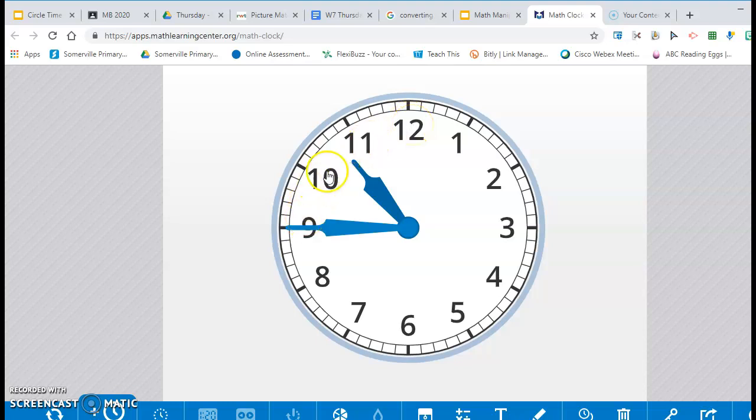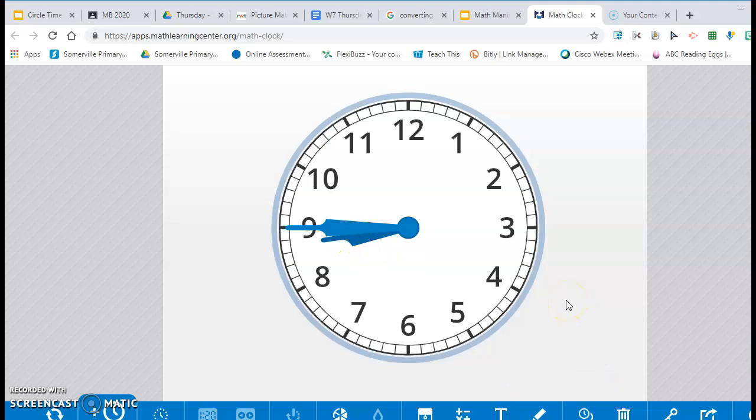So it's quarter to 11, which means we have 15 minutes before it becomes 11 o'clock. So this will be quarter to 1, quarter to 2, quarter to 3, quarter to 9, and so on.